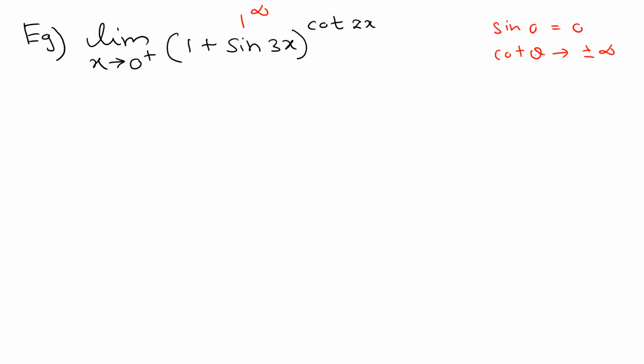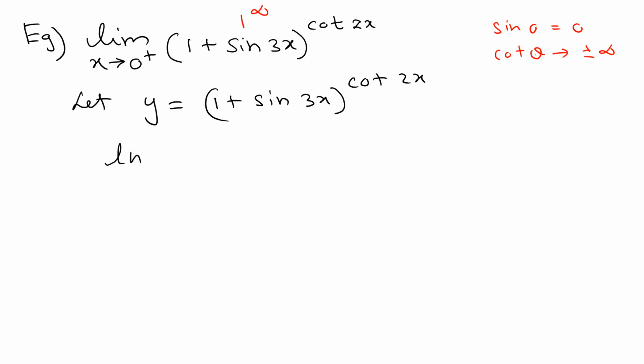So we're going to use the fourth step for this one. So we're going to let y equal the given function, 1 plus sine 3x to the power cotangent 2x. The next step is take natural log. So we take the natural log of this one.